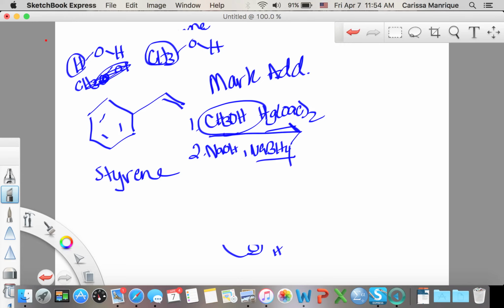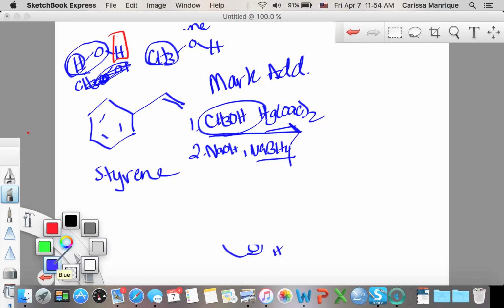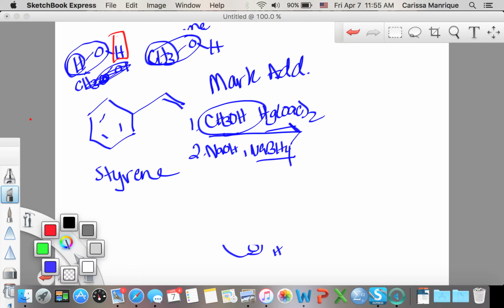So whenever I add water over a double bond, I'm going to add OH and H, okay? So OH and, let me change my color here, and H. These are the two groups I'm going to add. In this case, I'm going to add, instead of OH, OCH3 and hydrogen. Okay, it'll always add like this. It'll always be OCH3 and hydrogen.